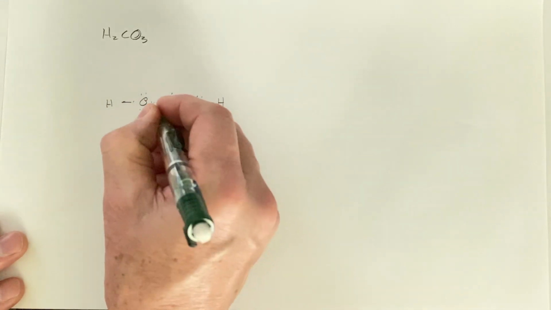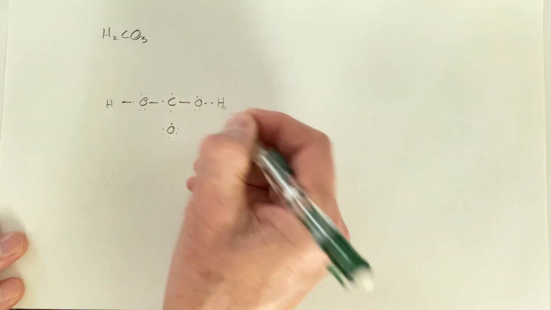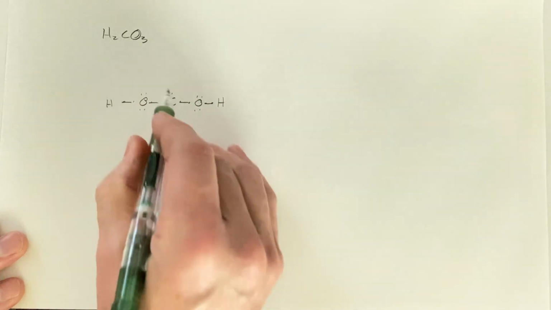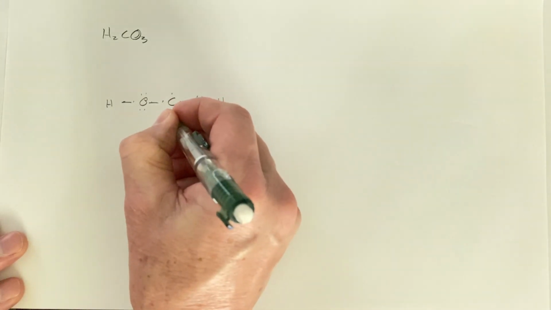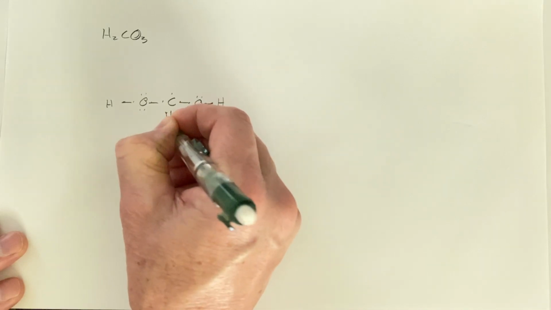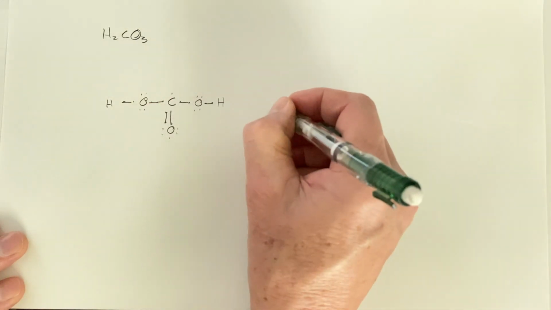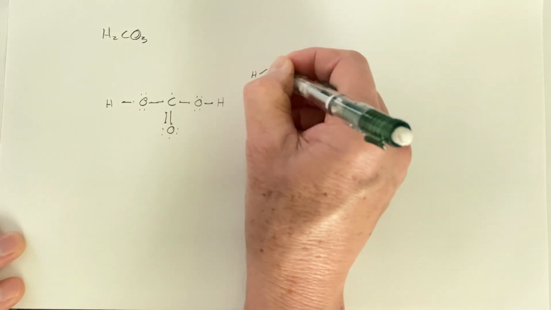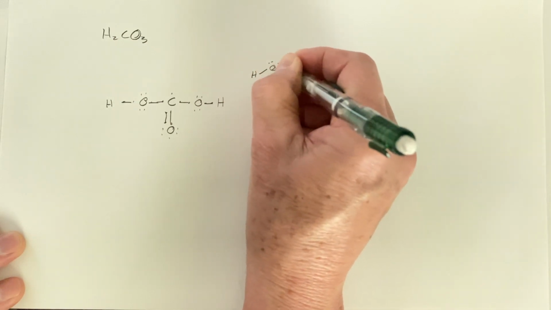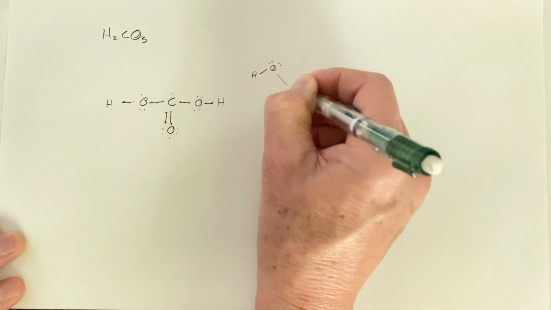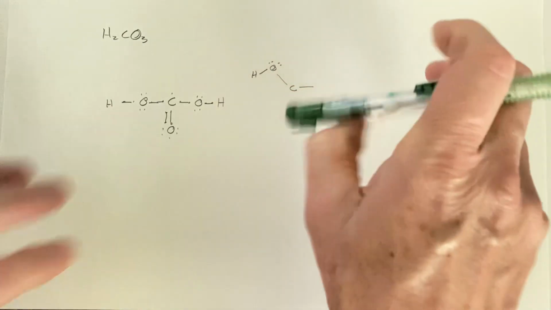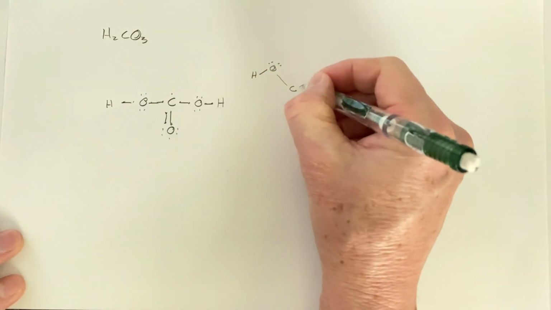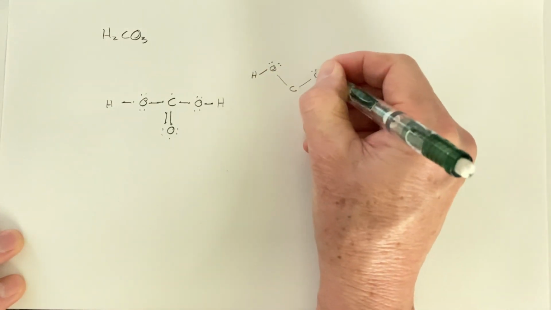We'll make bonds. We see an unpaired electron and an unpaired electron. We move them to the middle. We make a double bond. We redraw our structure, paying attention to VSEPR. We then obtain a proper geometry for our molecule.